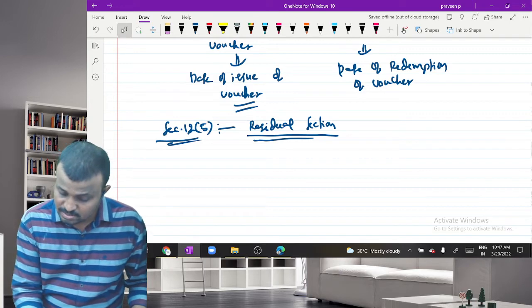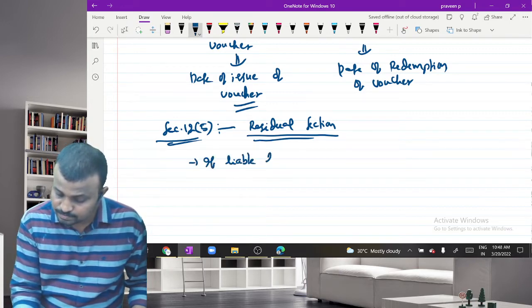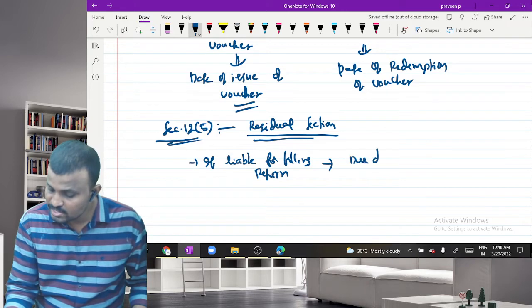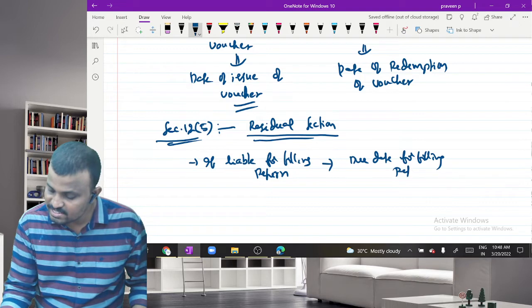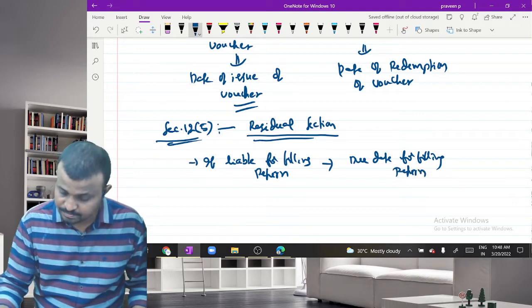As per this, if the party is liable for filing return, then the due date for filing the return is said to be the time of supply.